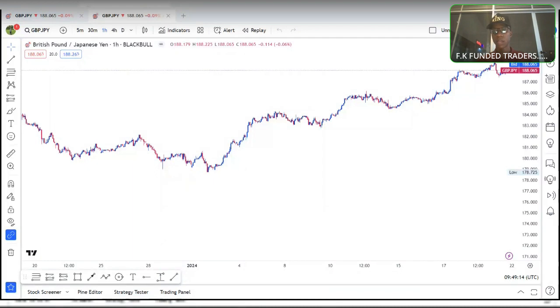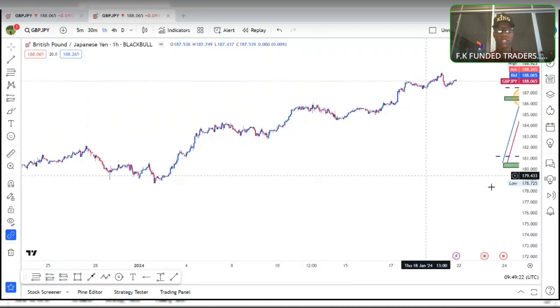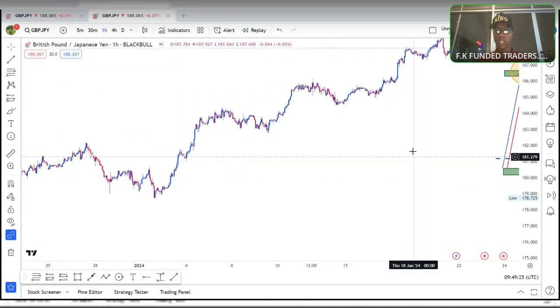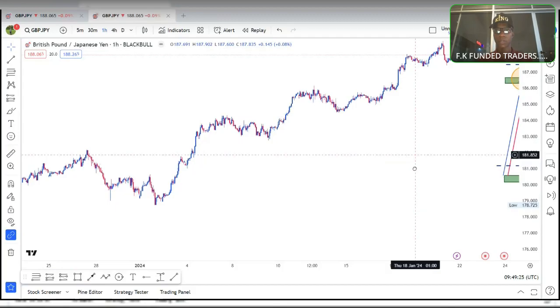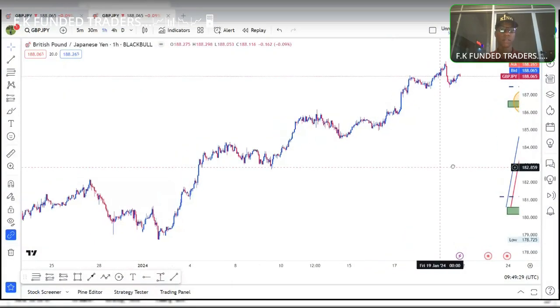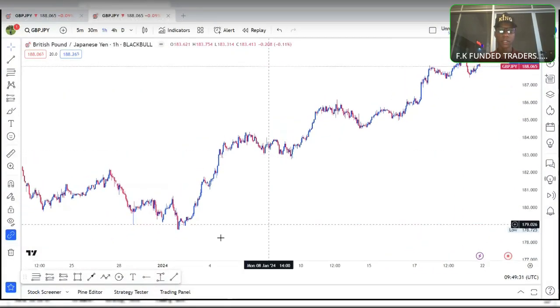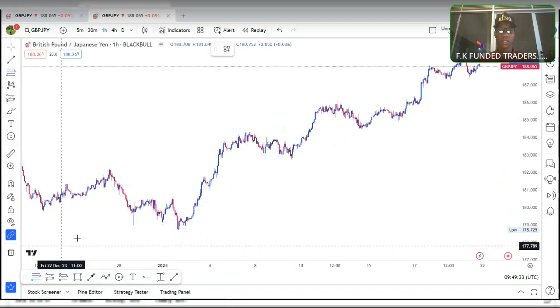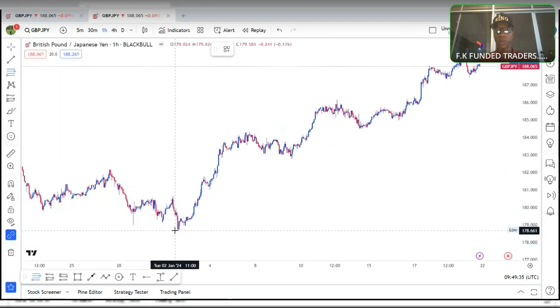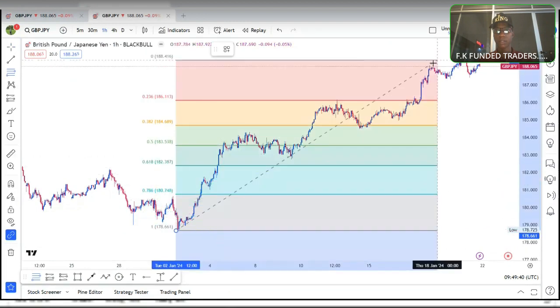So, first of all, we have to know what a Fibonacci is. I'm going to put it on screen so that you know what the Fibonacci tool is. So yeah, this is GBPJPY. This is the Fibonacci tool that I'm drawing right now. I hope everyone has seen something of that kind.